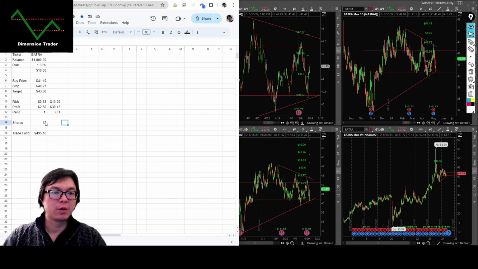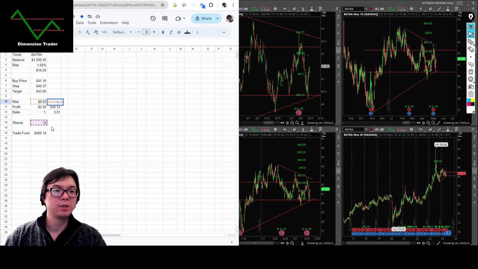So according to the calculation, risk is equal to buy price minus stop, which is 83 cents. Our profit is our final target, 43 minus our entry, 41.10, which is $2.50. So we get a risk and profit according to 1% risk.